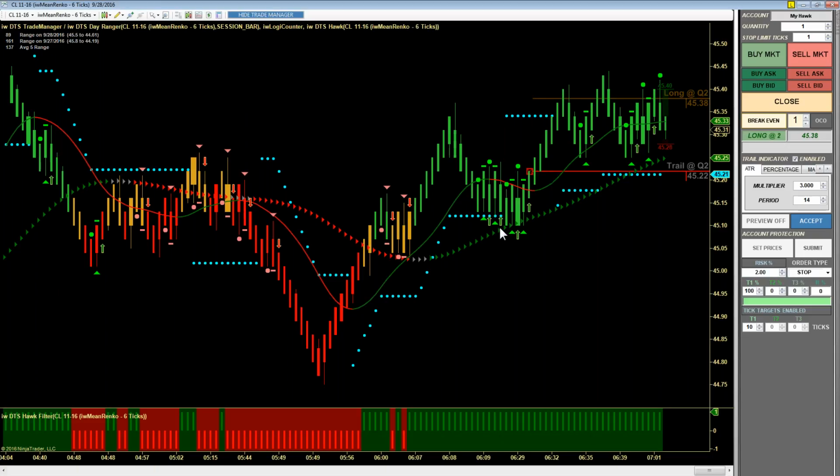This is the type of trade where I would normally not run my stop this tight, given the continued hitting of the resistance area here. I would probably run my stop at least below here. Probably run it down there. I know for a fact I couldn't afford to run it down here.